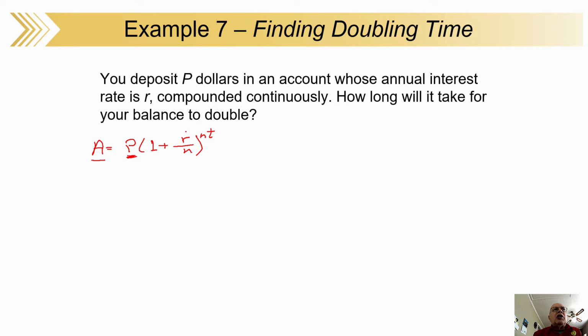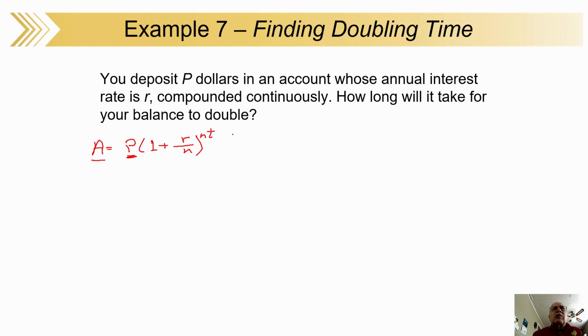This is the annual rate, and it's unlikely that you would see some other kind of rate being expressed, but this is the annual rate. N represents how many times a year it's being compounded. The N also goes up here as a factor in the exponent. And T, you must remember, is the number of years.